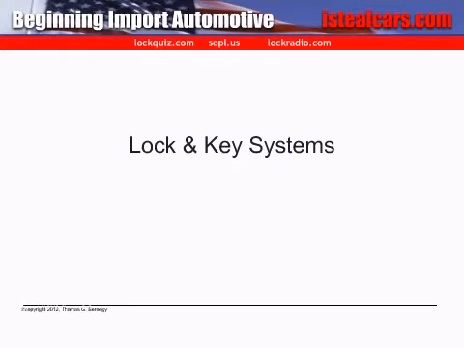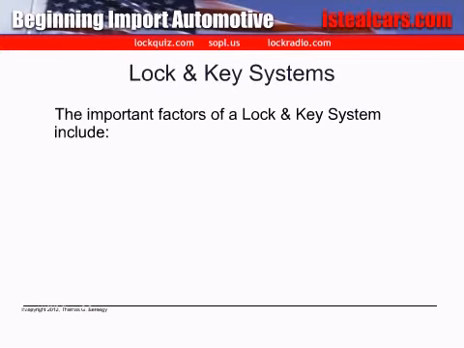The lock and key system is the basis for most any lock service performed on an automobile. The term lock and key system is a rather broad term and includes a number of different facets of the car's physical security. From the locksmith's perspective, there are several important pieces to the lock and key system.